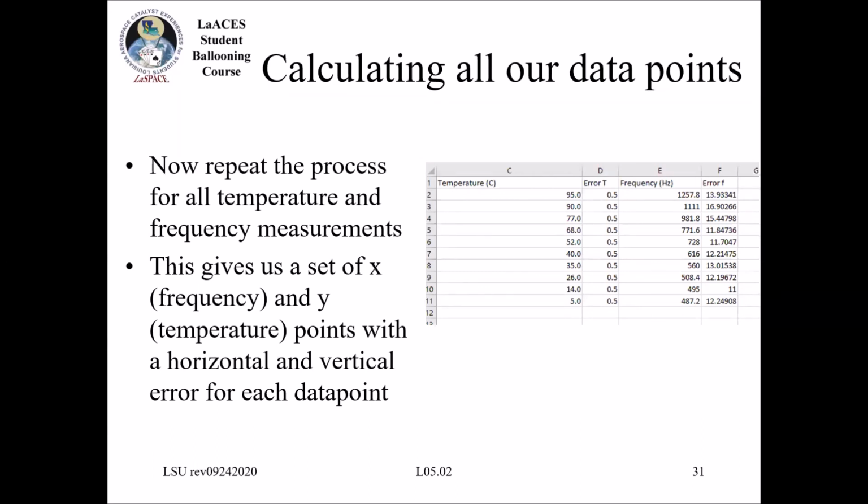In this case, all of the temperature errors are the same because, like we discussed, you're dominated by the scale markings on that bulb thermometer. But you can see there's actually a decent amount of variation on the frequency error. But you don't get a value lower than 11, because 11 is what we had estimated as the systematic error. So we're always adding a little bit of random error to that.